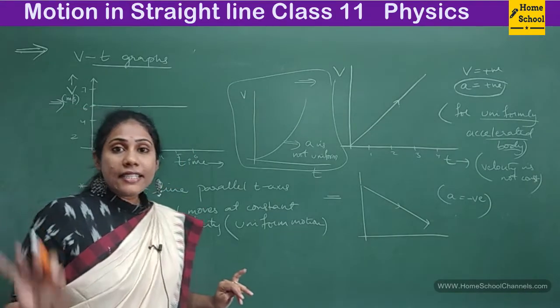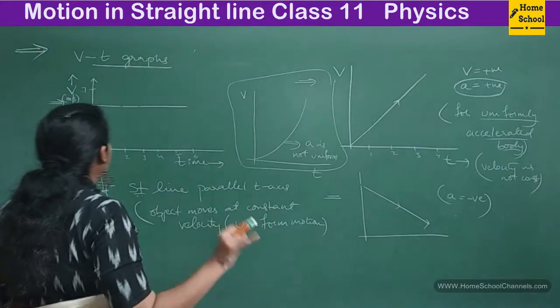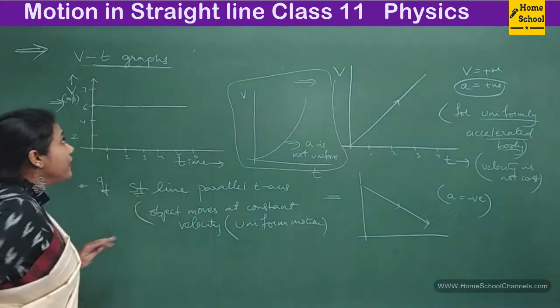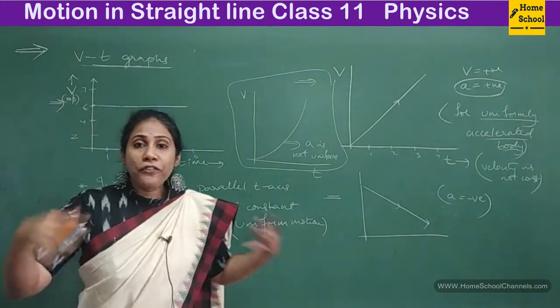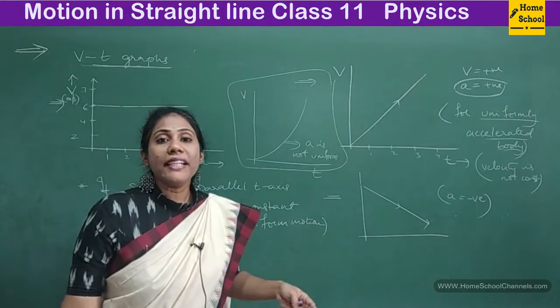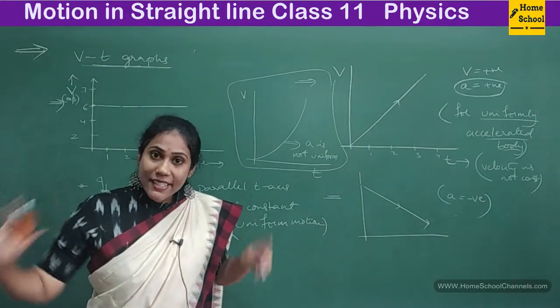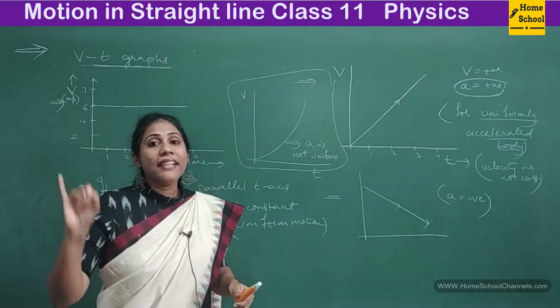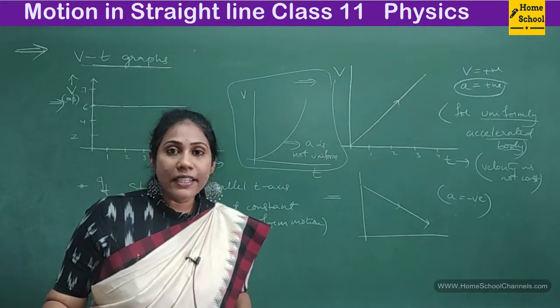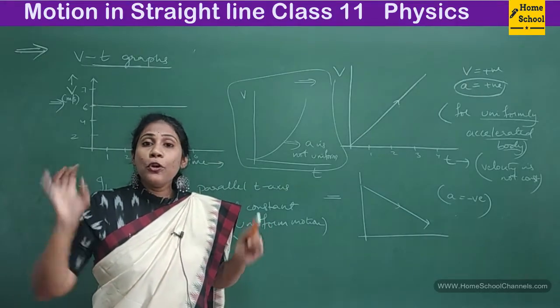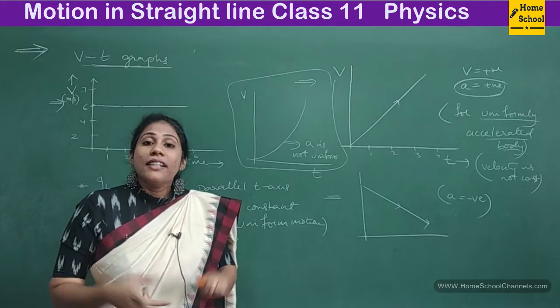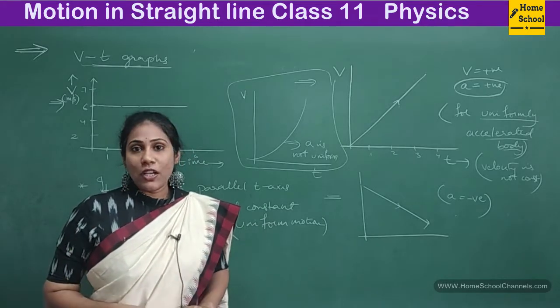And now let us understand what is the importance of v-t graphs. I mean, what information can you come to know from a v-t graph. Just like from the x-t graph, we can find the average velocity and instantaneous velocity, right? So the slope of the x-t graph is what? The average velocity value.